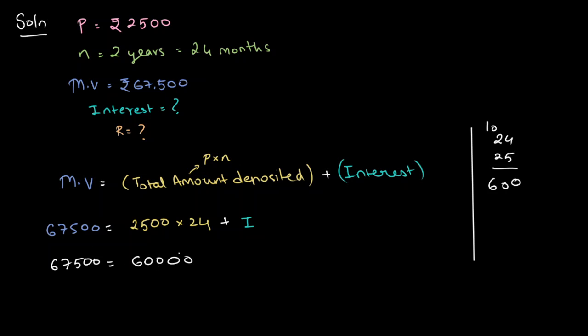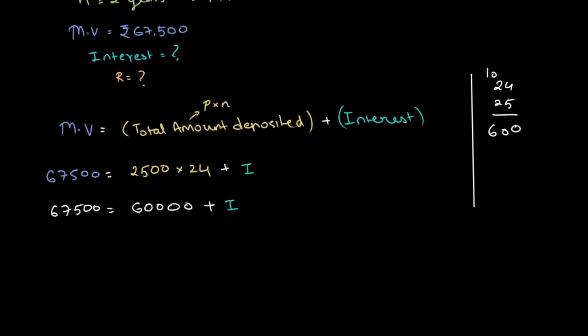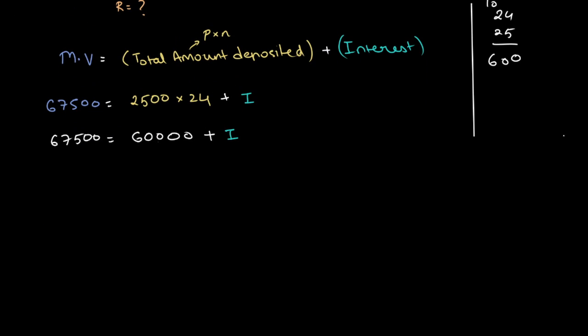That is the amount deposited plus the interest I. Now all you need to do is rearrange the terms. If I take the 60,000 from this side to the other, it's going to become minus 60,000. That will give me I, which is equal to 67,500 minus 60,000. That is 7,500 rupees. So I can say the interest is nothing but 7,500 rupees.